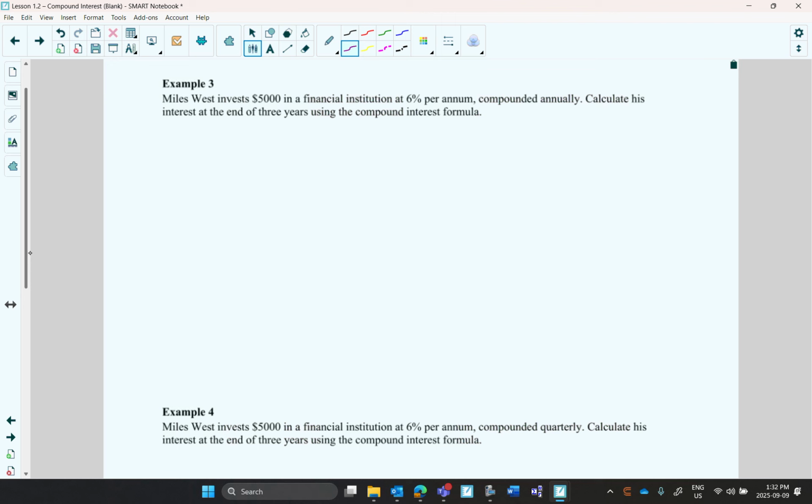So we've got Miles, 5,000 again, investing 6% per annum compounded annually. Well, we already found the answer to this on the first page, but watch how the formula allows us to get it much quicker. So remember, A is equal to P times 1 plus R divided by N, raised to the N times T. Principal is 5,000.